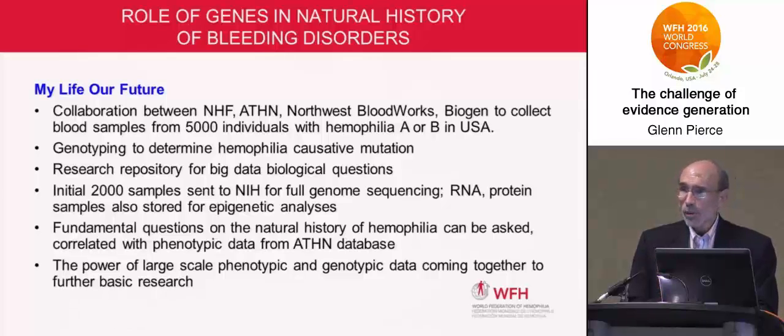In the next 6 months or so, this repository will be open to research investigators who have scientific questions that they would like to answer using this repository. So this is big data. It's something that is being done in other diseases, and we are very fortunate now to be able to have this number of samples to be able to answer a number of significant research questions.